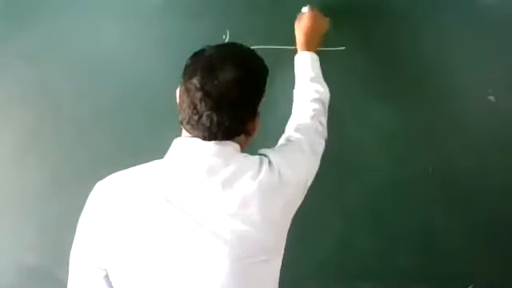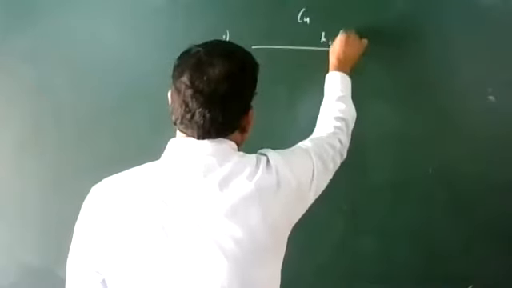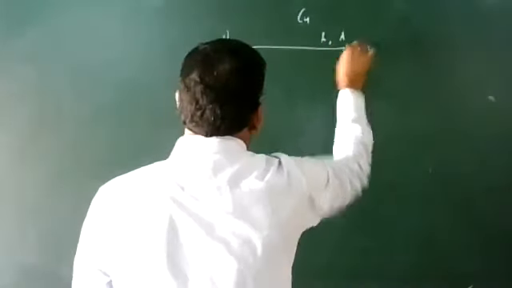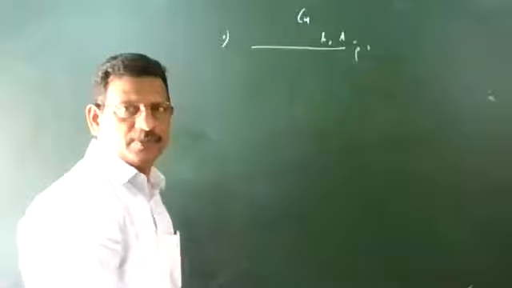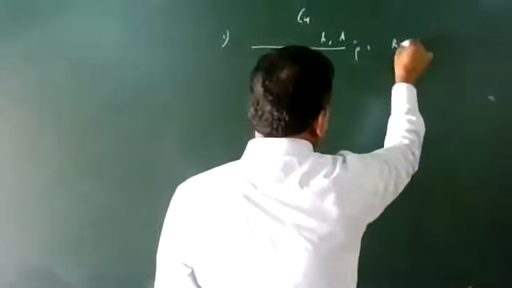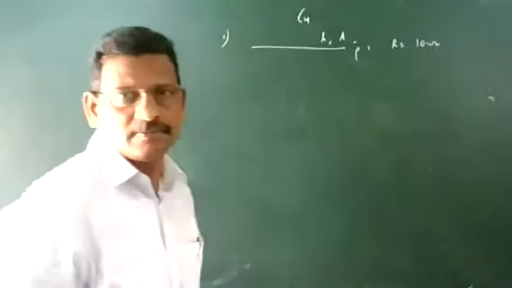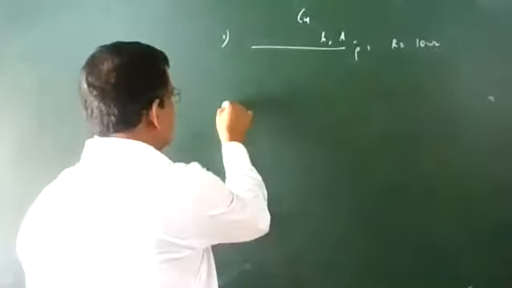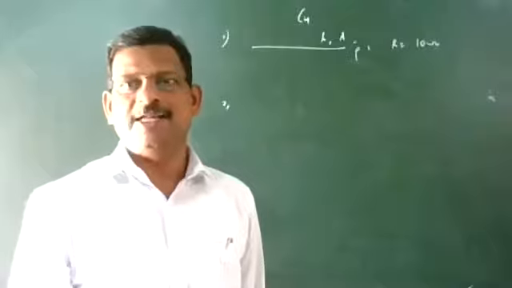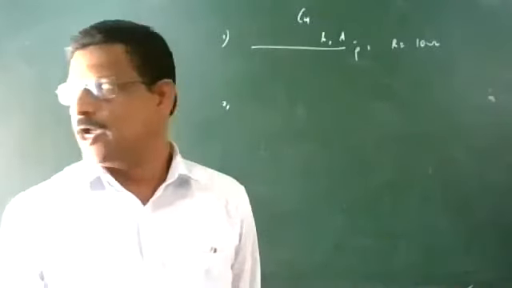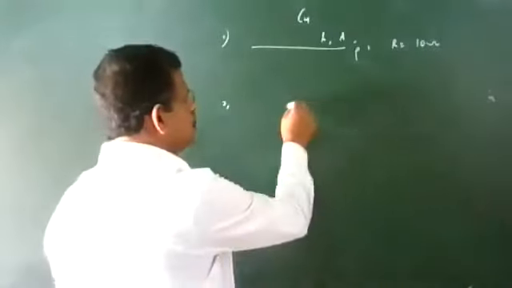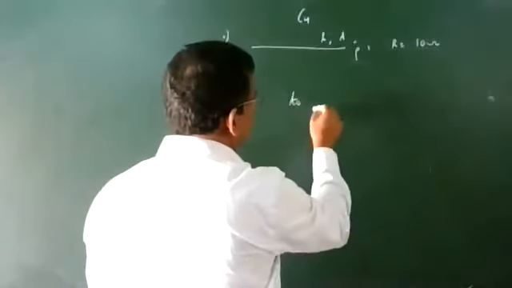Suppose you are given a copper wire of length L and area of cross section A, its resistivity is rho. The resistance is given to you as 10 ohm. The wire is stretched to double its length.